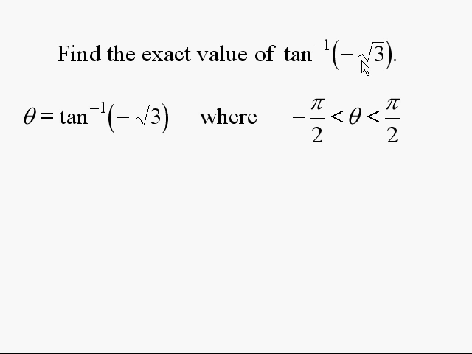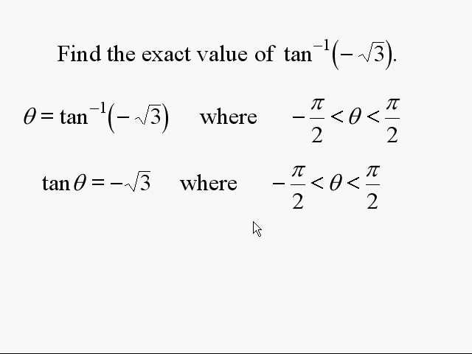For minus root 3, we want to pick an angle that would be an appropriate reference angle for it to make a negative value of the tangent come out. And since we're looking at angles between minus pi over 2 and pi over 2, we're looking at angles in quadrants 4 or 1. And it's quadrant 4 where that happens. So we'll pick an angle in quadrant 4.